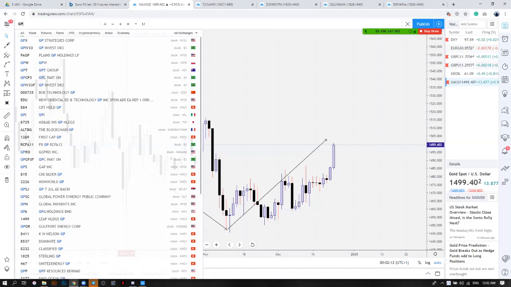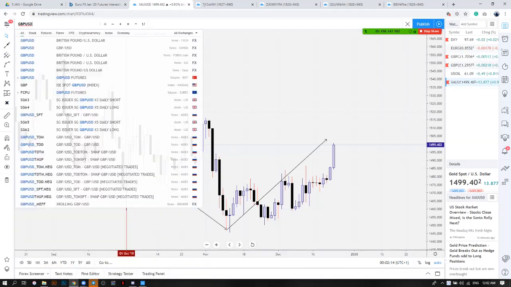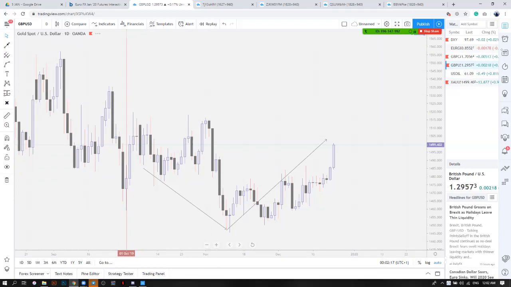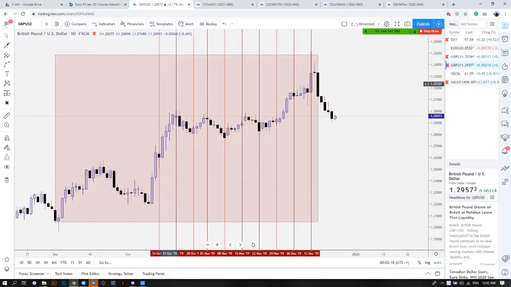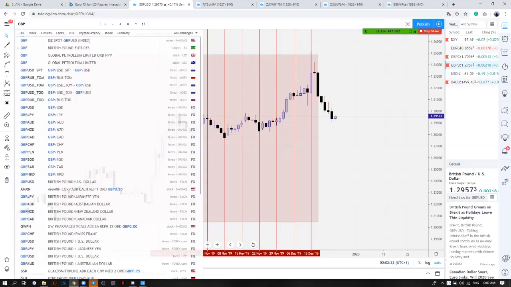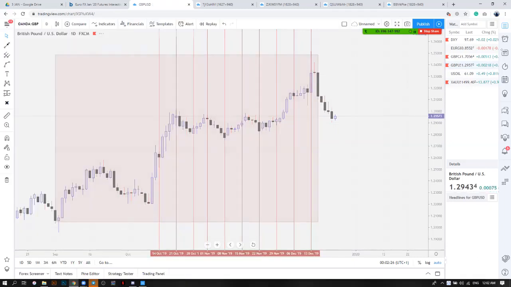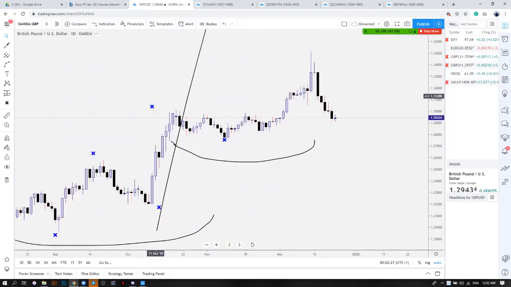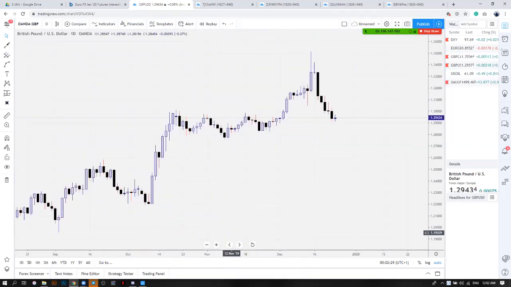Pound, GBP USD. The same period, whilst DXY was bearish, let's use a new one. Remove drawing tools, go to October 1st. Perfect.